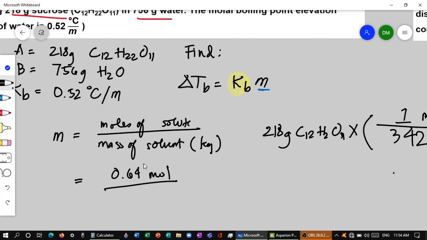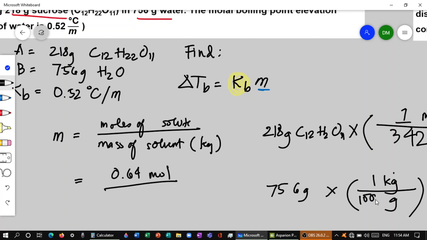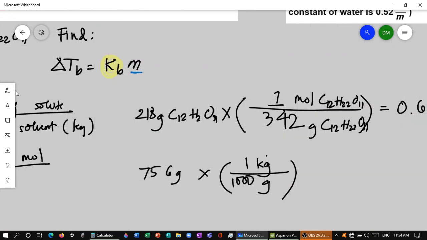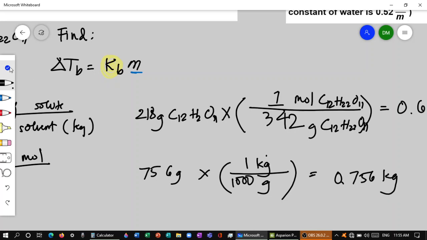Next, we need the mass of the solvent in kilograms. Here, the mass is given in grams. So we need to convert this one to kilograms. So grams convert to kilogram. 1 kilogram is equal to 1,000 grams. And if you solve this one, it's equal to 0.756 kilograms.